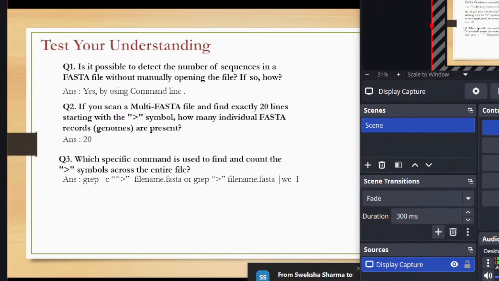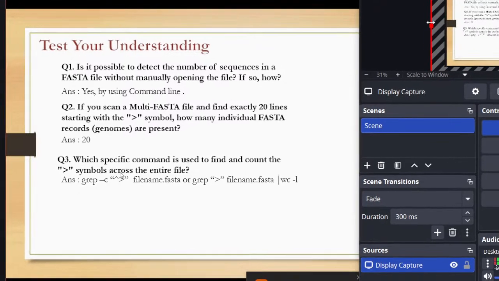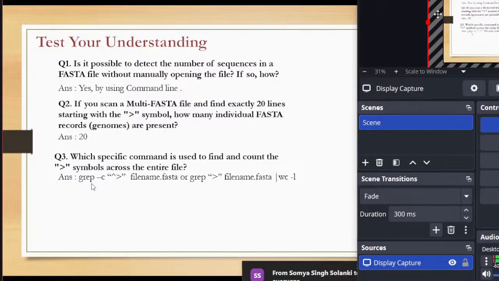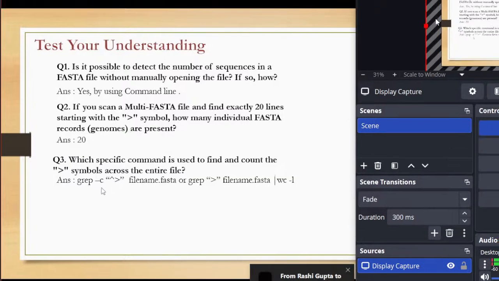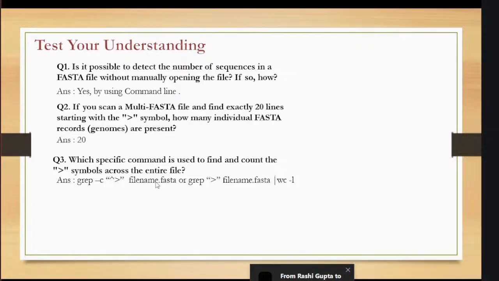Guys have already given the answer before, so I showed it to you. Using grep, there are two ways of doing this. Actually, I use the second format, but this is also a very good syntax where you use grep -c.